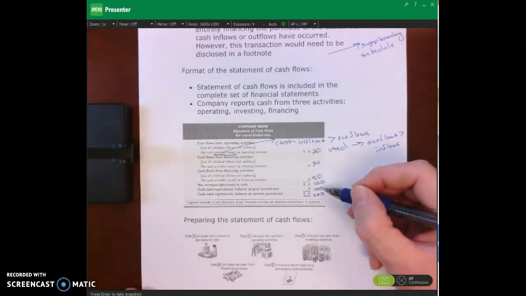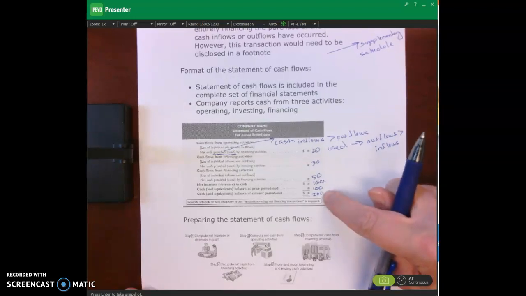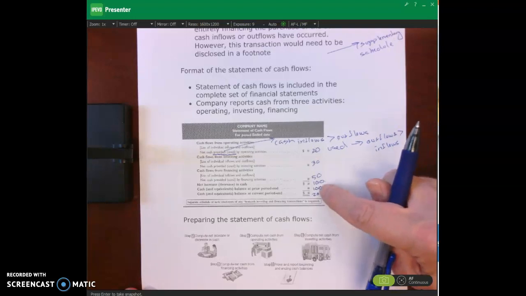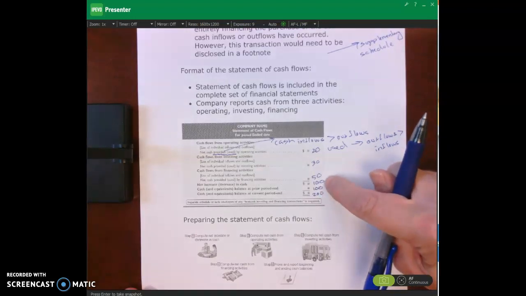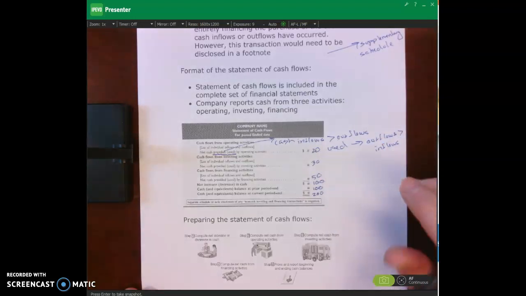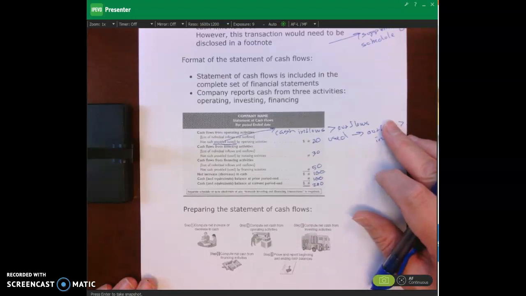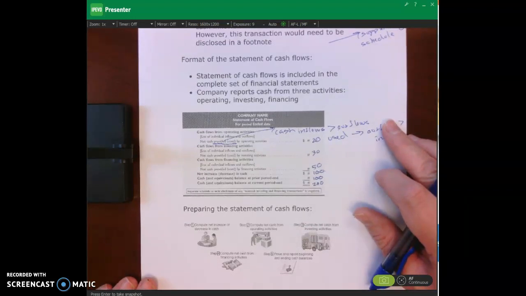And so we would make sure that by taking our difference in cash, which you can see here's year end, and then here's beginning, it's a $100 difference, and does that reconcile to adding all those up? If it does, we're good to go. If it doesn't, we did something wrong and we need to go back and double check our work.